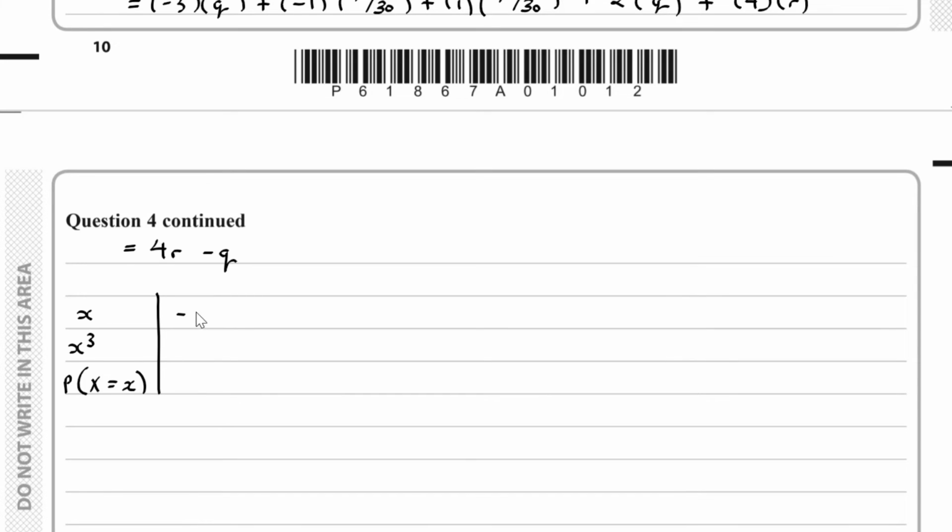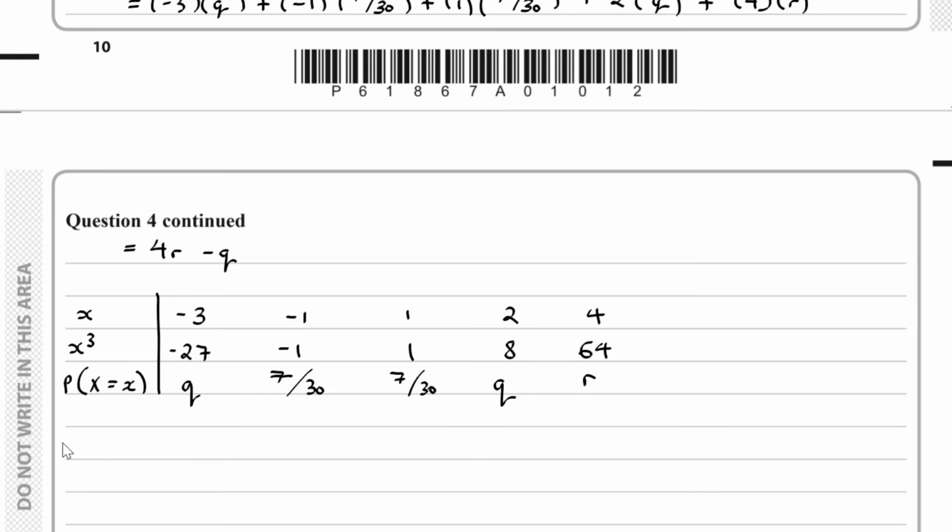Well, we have x values of minus 3, minus 1, 1, 2, 4. X cubed, well, here we'll have minus 27, minus 1, 1, 8, and 64. The probabilities haven't changed, so we have q, 7 over 30, 7 over 30, q, and r.